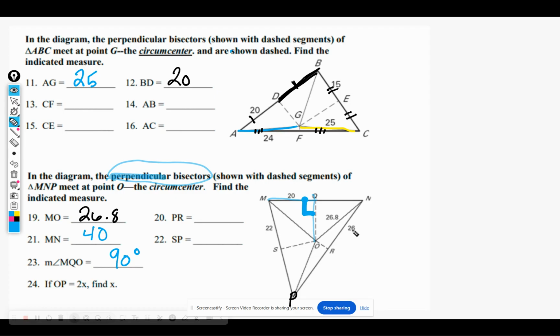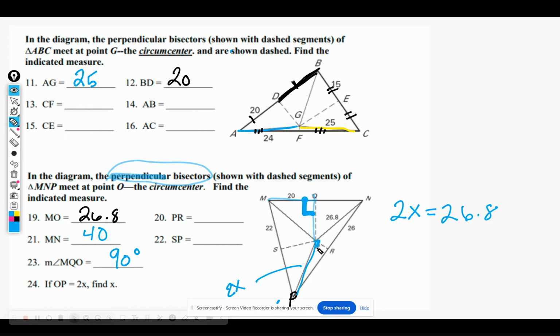Lastly, we want to find OP. It says OP, which is this line down here, is equal to 2x. Okay? And we want to find x. We know that OP and ON are equal, because those two pieces are going to be congruent.